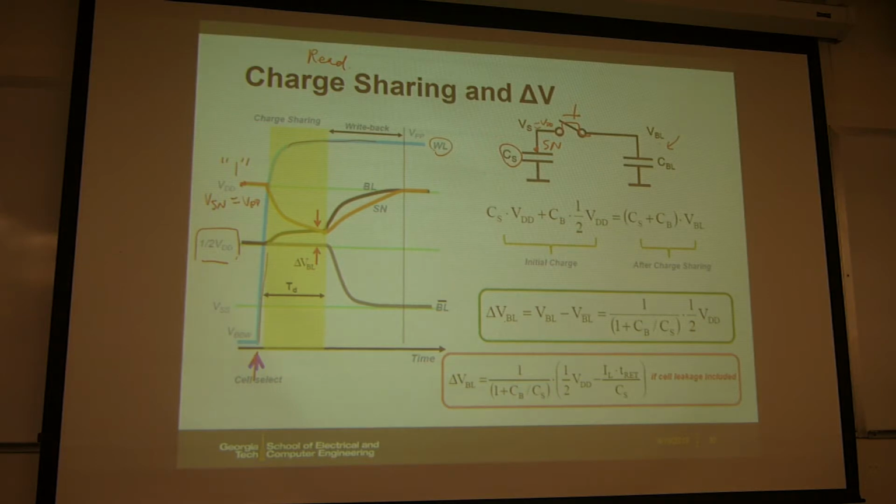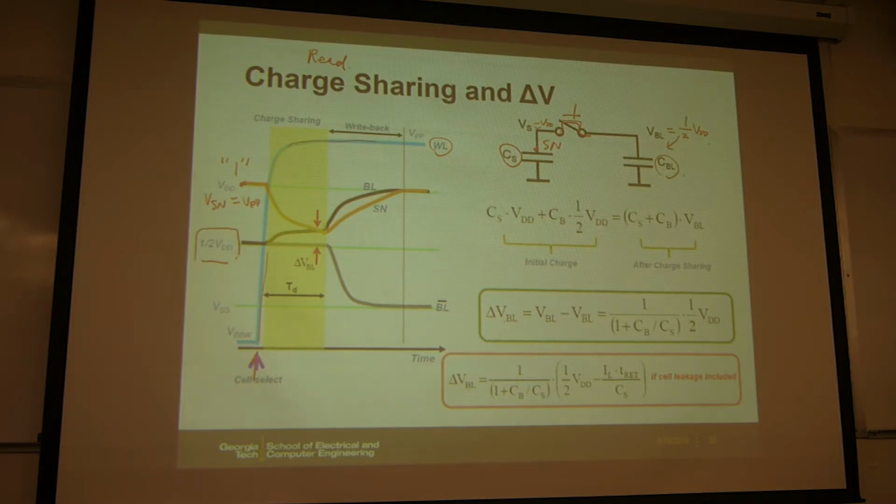And the other side is the bit line, and we pre-charge the bit line to be half VDD. And we know the bit line will have the parasitic capacitance, which is CBL. So this is a simple circuit. And we want to understand the change of the bit line voltage after you turn on the word line. That means after you turn on this transistor.